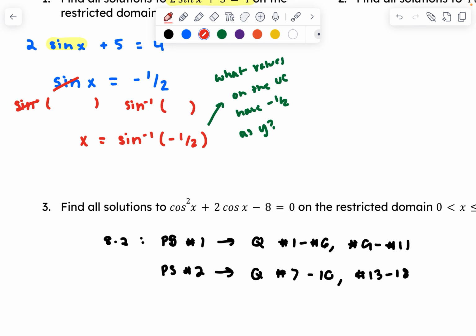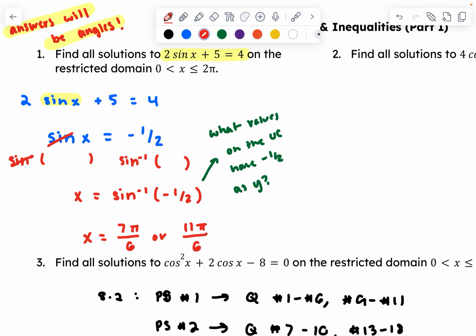So I would say that x is 7 pi over 6 or 11 pi over 6. So again, when we are solving, we're back to using just our unit circle values. When we are evaluating, that's when we have to use those restricted inverse sine, cosine bounds that we talked about in section 8.1.